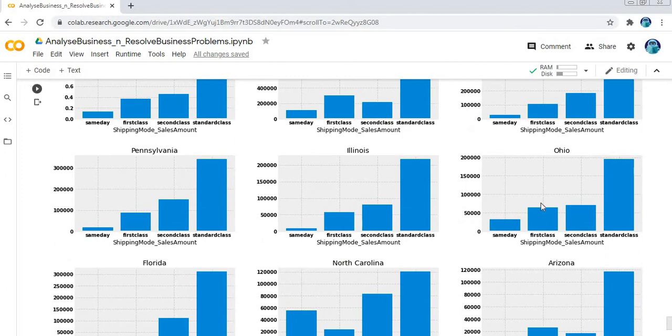These are for 50,000. They have used first class and second class for just 50,000 total sale amount of items that have been delivered in first class and second class.